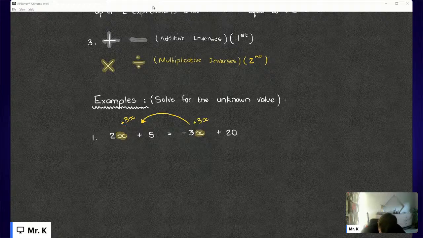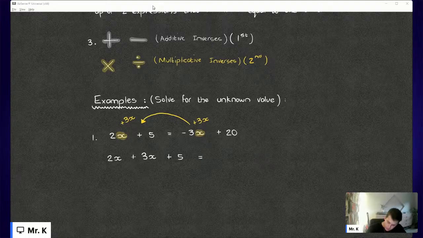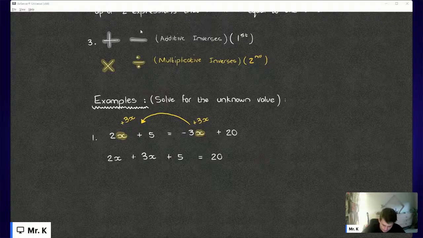So if we were to rewrite this step, we would have 2x plus 3x plus 5 is equal to positive 20, right? Keep in mind that these would now cancel, leaving me with just the positive 20 on its own.